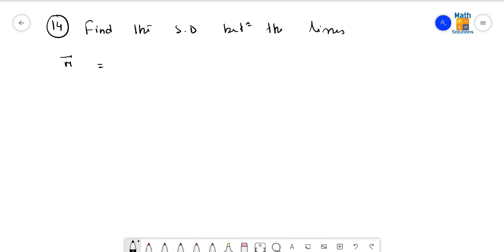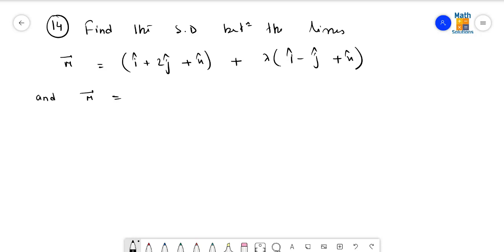Vector r is equal to i cap plus 2j cap plus k cap plus lambda times (i cap minus j cap plus k cap), and vector r is equal to 2i cap minus j cap minus k cap, plus mu times (2i cap plus j cap plus 2k cap).